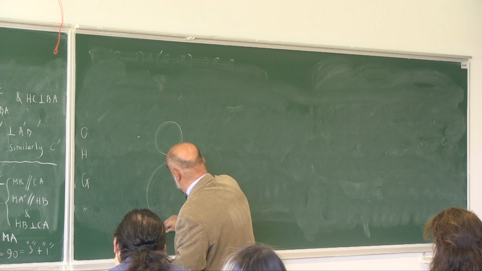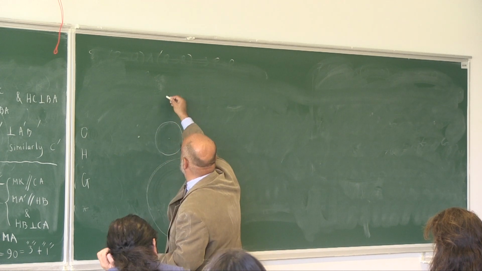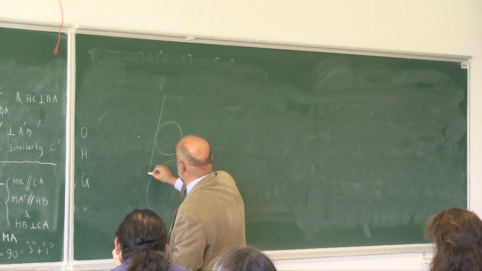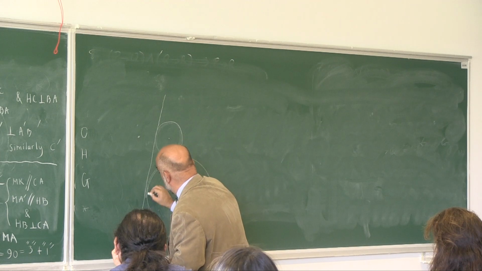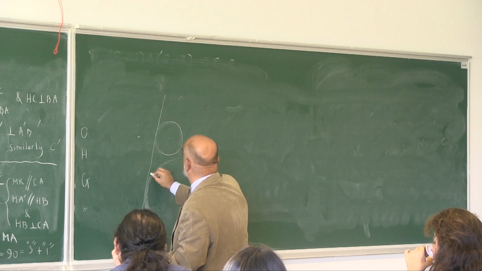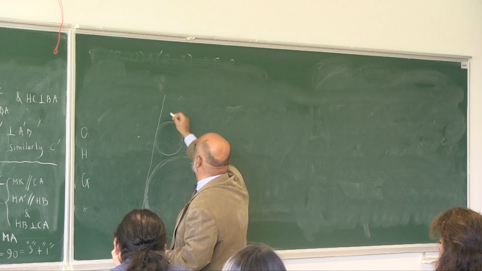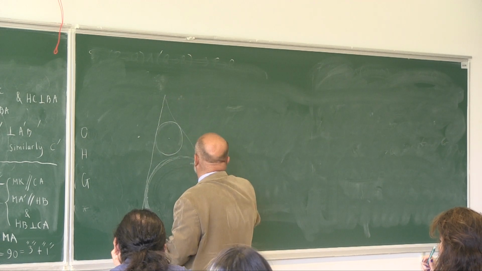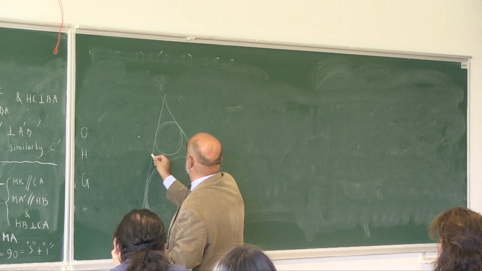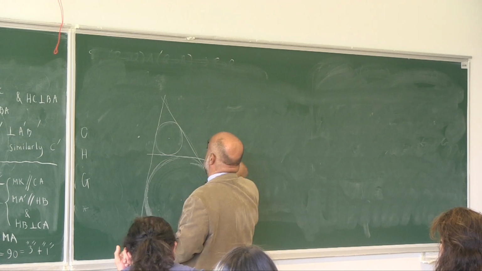And I would like to draw 2 external common tangents of these 2 circles. It's very difficult to get right, so please accept my apologies in advance if I don't get them right, but I shall do my best. So the common tangent lines like this, external, and there is one internal common tangent which I would like to bring to your attention.